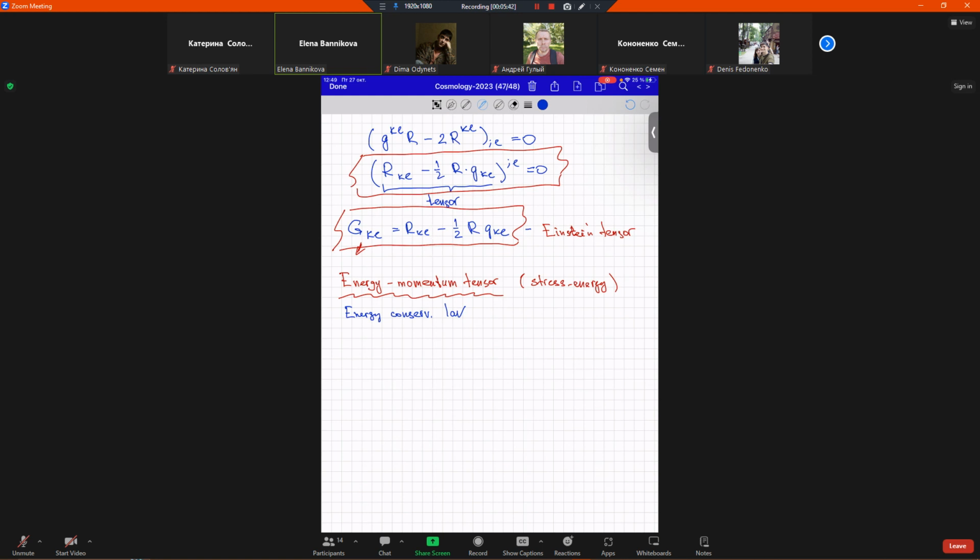It means that in the differential case, we need to know the energy density.